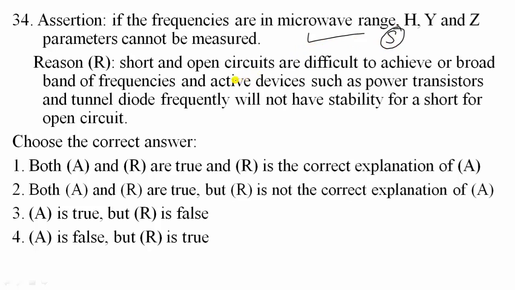The reason they specify is that short and open circuits are difficult to achieve over a broad band of frequencies, and active devices such as power transistors and tunnel diodes frequently will not be stable for a short or open circuit. This statement is also correct, and the reason gives the proper explanation for the assertion. So I need to go for option 1: assertion is correct, reason is correct, and the reason is giving the proper explanation for the assertion.